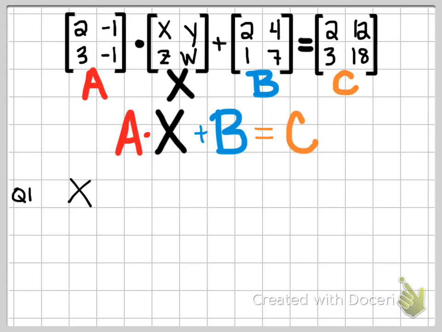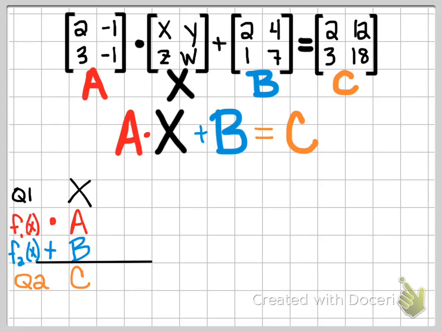I have a quantity X, an unknown quantity that I don't know, and its first operation is that it's being multiplied by a quantity A. And after it's multiplied by A, then it's being increased by, excuse me, an operation B. And it's being set equal to a quantity C.